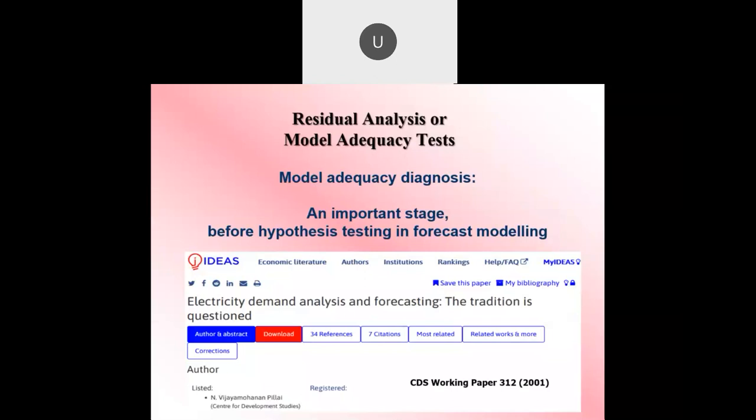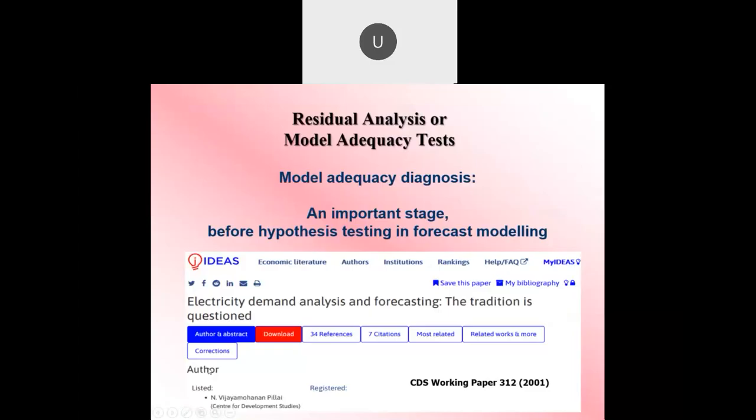It is important that you read this one. It is on electricity demand analysis and forecasting. The tradition is questioned. That is, I was questioning the tradition of not reporting the model adequacy diagnosis. So it is good that you read this particular working paper.